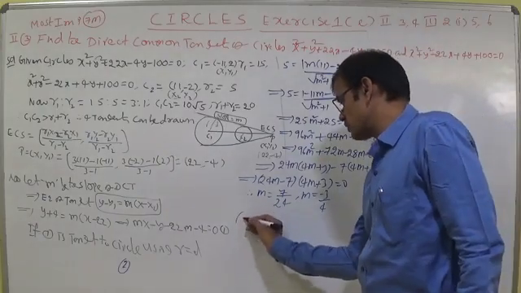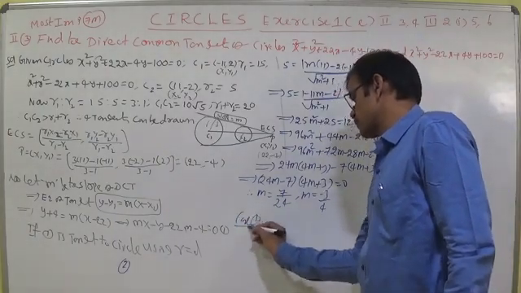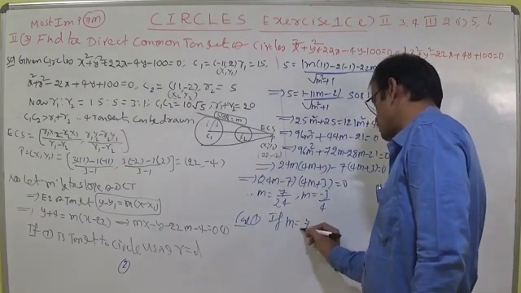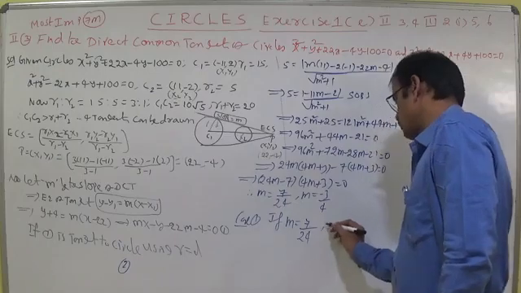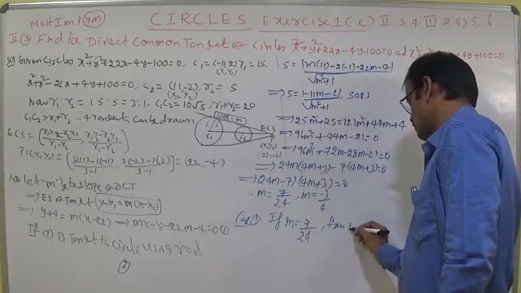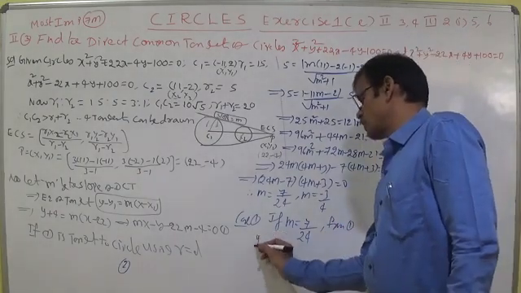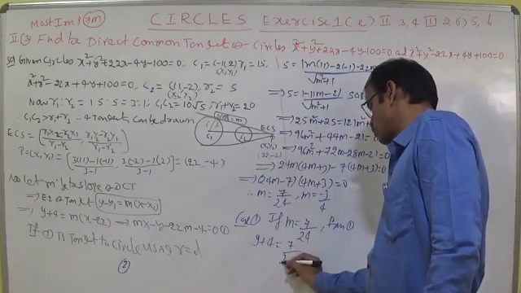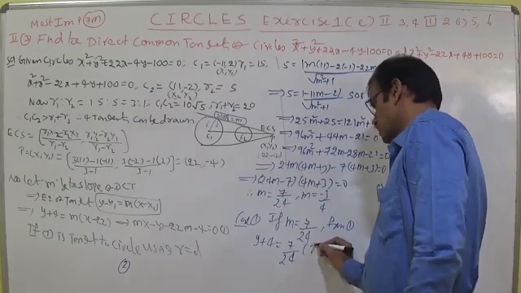Case 1 I am writing. If m is equal to 7 by 24, from 1 you write, y plus 4 is equal to 7 by 24 into x minus 22.